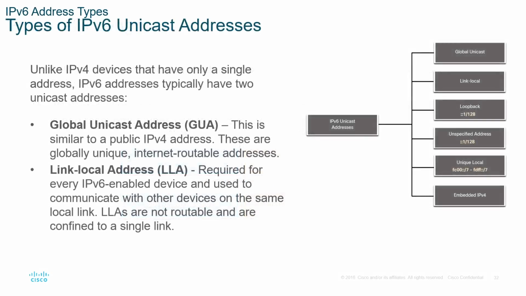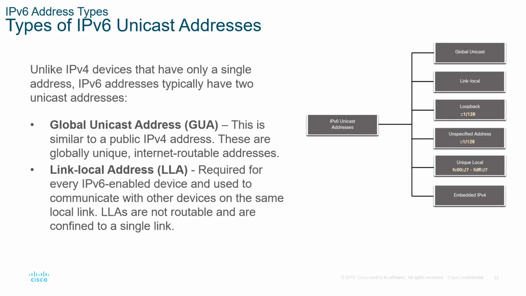Now, unlike IPv4 devices that typically have only a single unicast address, IPv6 devices usually have two types of addresses. We have the global unicast address, the GUA, and we have the link local address, the LLA.